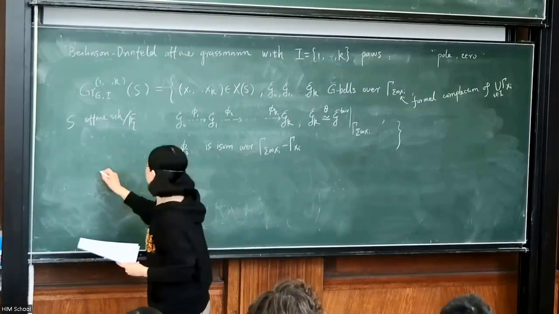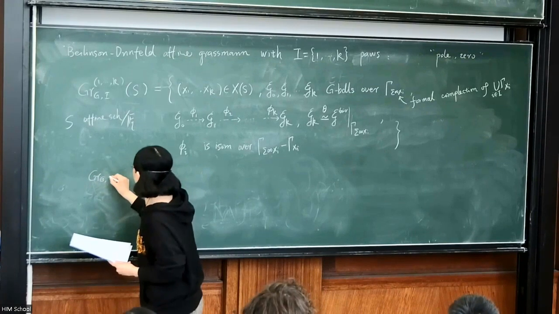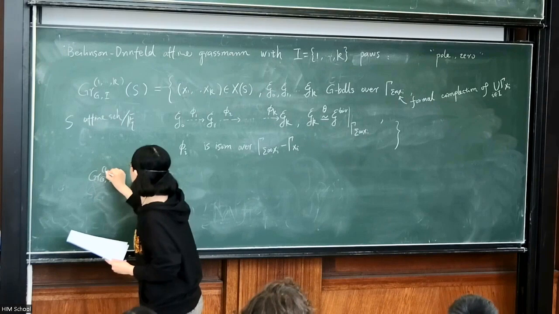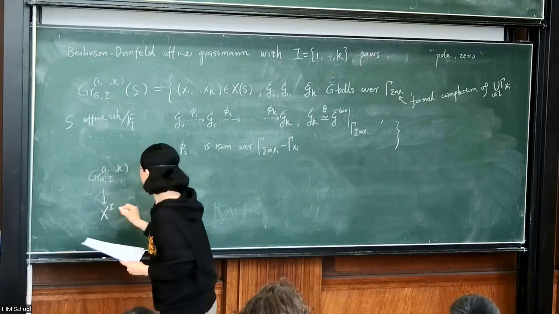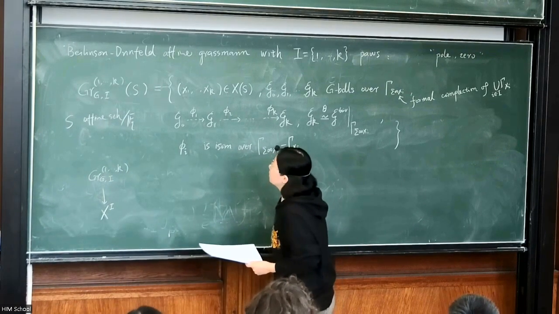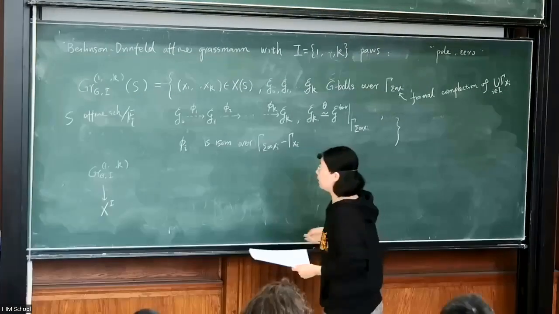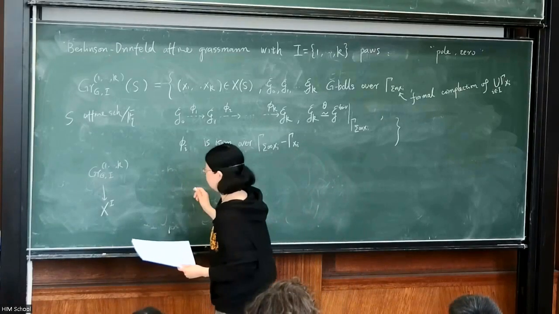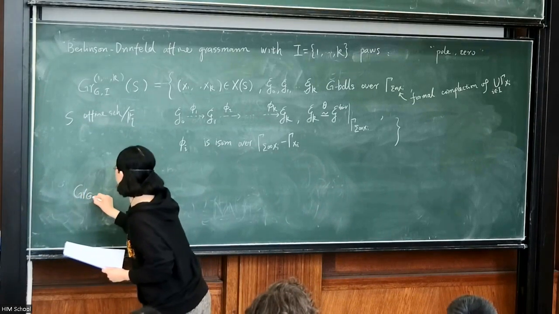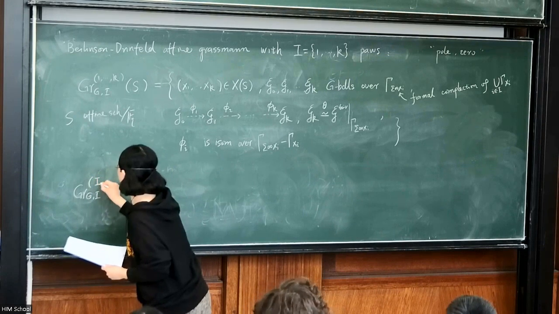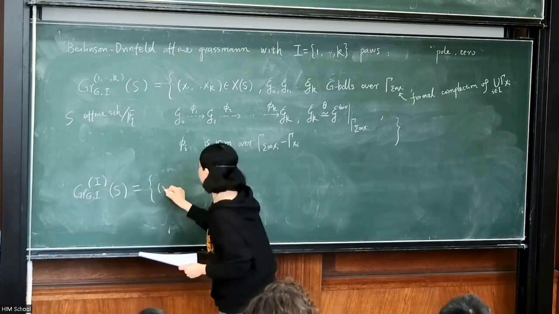So it is over I copies of the curve. We can also define this one without intermediate modification, just like yesterday for Hecke.